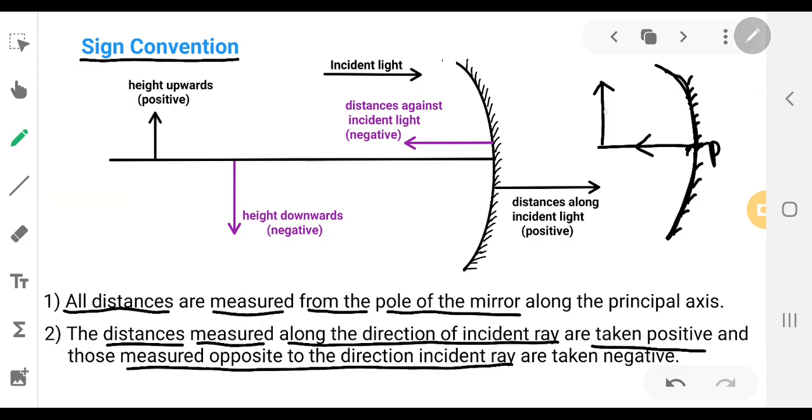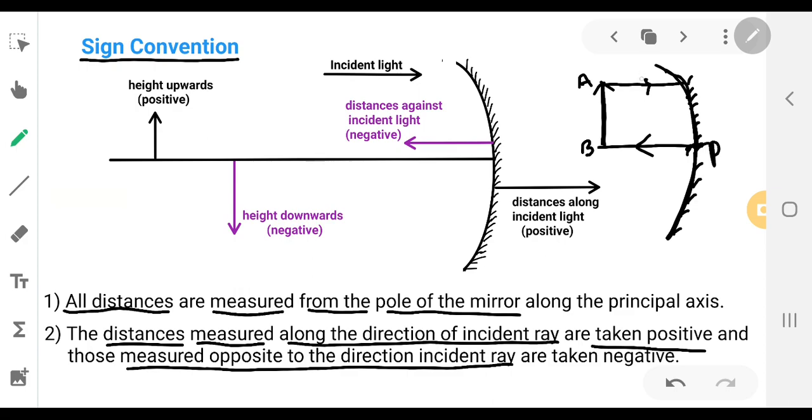Again we'll consider the example of this object. Whenever we place an object in front of the mirror, the rays from the object will be incident on the mirror. Let AB be our object. The rays from the object will be incident on the mirror, and then they reflect and form the image.